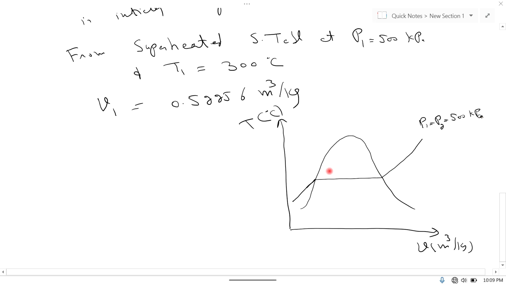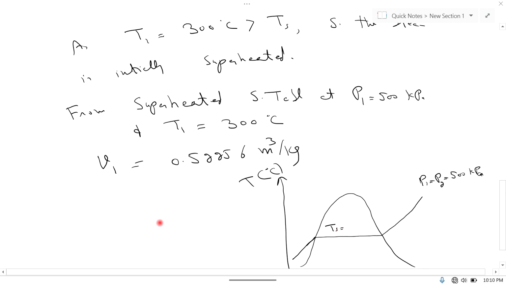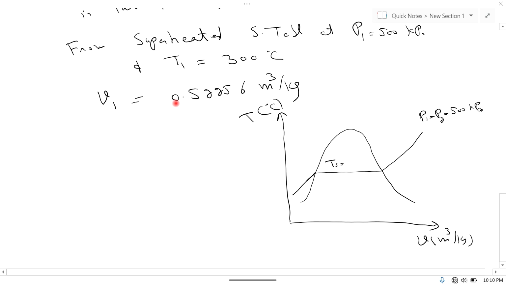Initially superheated, saturation temperature Ts is equal to 151.86 degrees centigrade, but the temperature given to us is more than this temperature. It means that point 1 temperature is 300 degrees centigrade, and this is 151.86. So the initial point is in the superheated region.